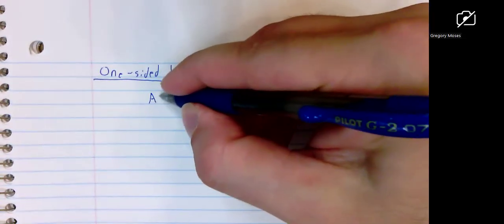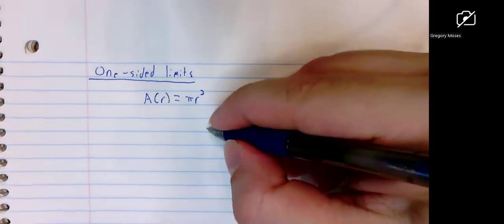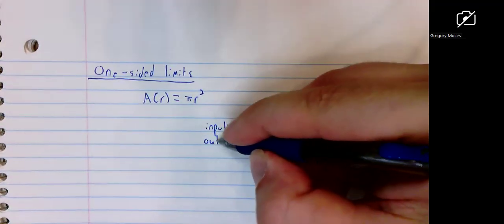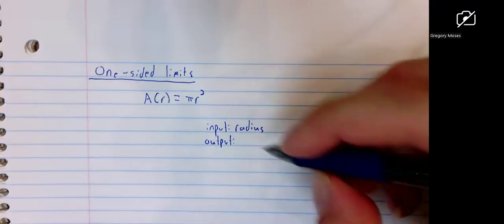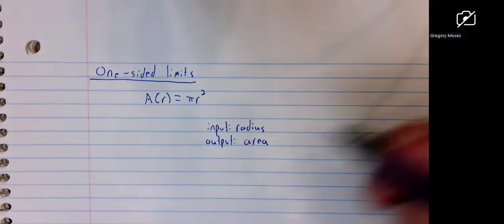Let's take a function we're probably all familiar with: A of r equals pi r squared. This is the area of a circle. The input is going to be the radius. The output is going to be the area.